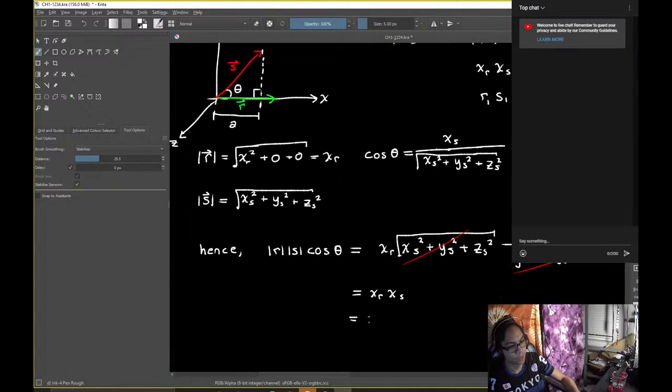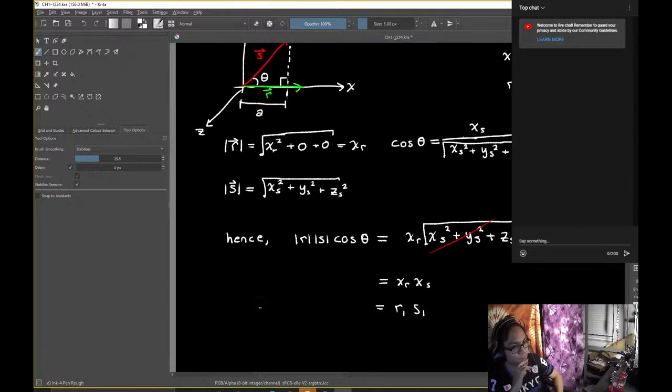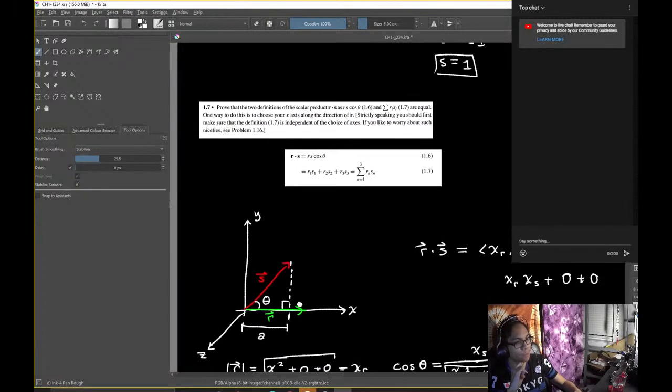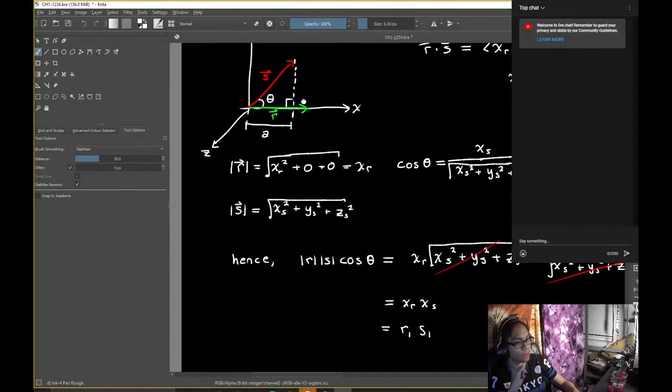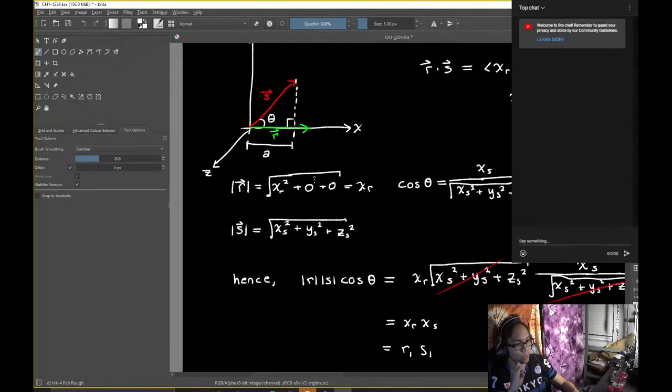So it's basically r1, s1. Wow, okay, that does make sense now. Awesome. r1, s1. Okay, that's fine. Let me check if there are any other things. So this is one instance, by the way, r1 s1. Perfect.